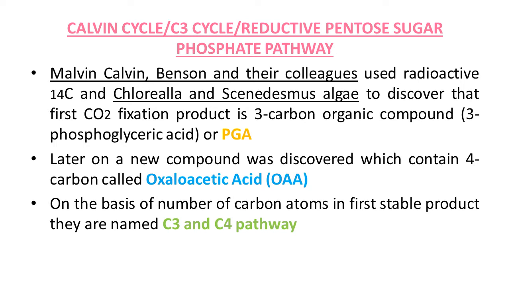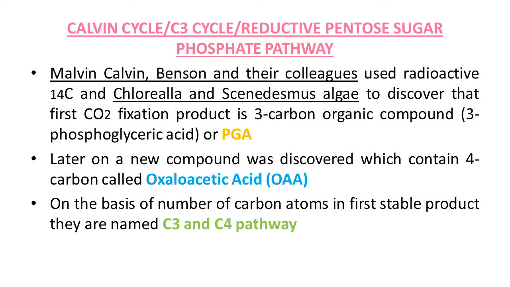Various experiments conducted over a wide range of plants led to the discovery of another group of plants, where the first stable product of CO2 fixation was again an organic acid, but one which had 4 carbon atoms in its structure. This acid was identified to be oxaloacetic acid, in short OAA.